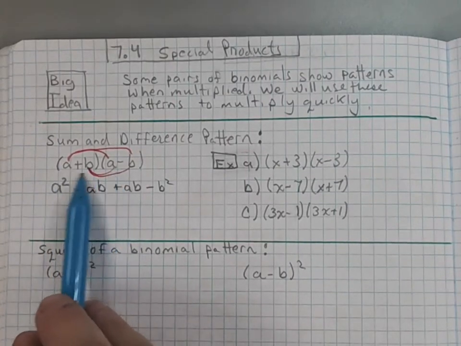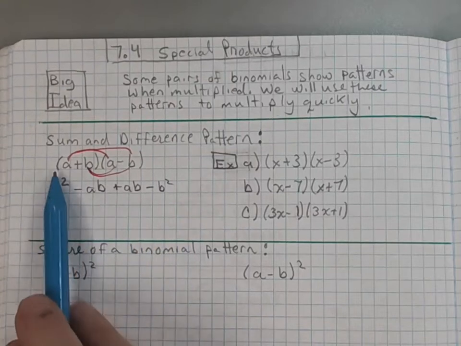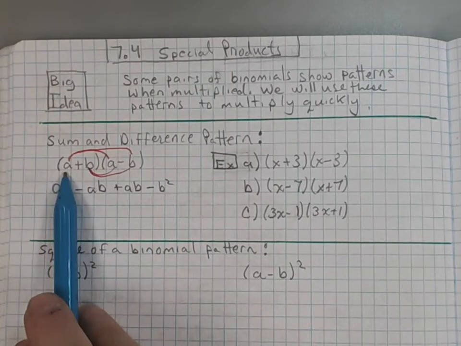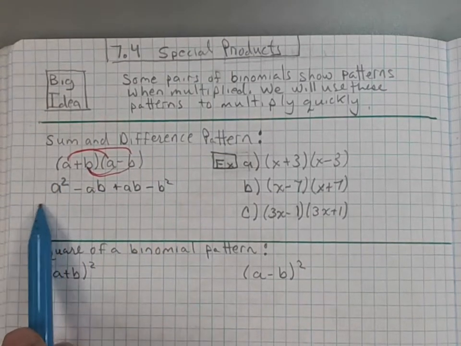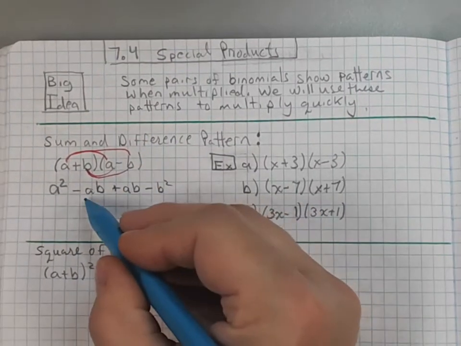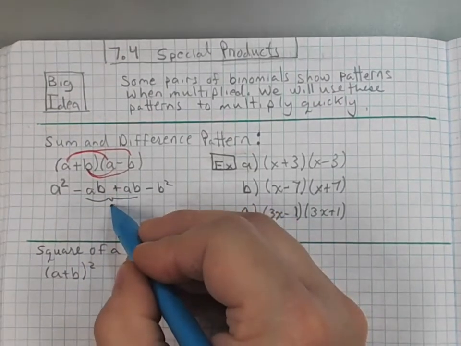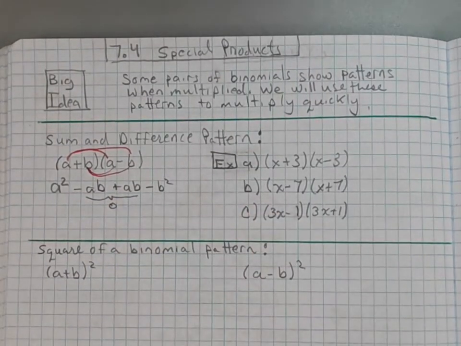So whenever polynomials have this pattern, this is what their product would look like. Of course, there'll be different values where the a is and where the b is, but this is essentially the pattern. And the interesting thing about this pattern is if you look at the two like terms here, they are opposite signs, and so that means they add up to 0.